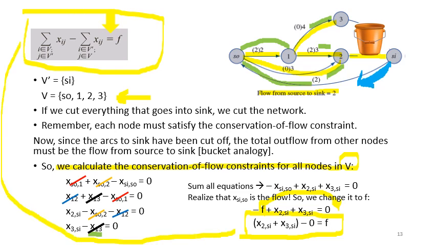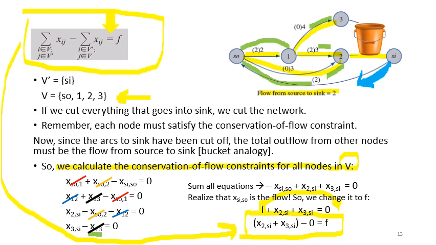So the capacity of the cut, which is 2 to sink plus 3 to sink, minus 0 equals the flow.